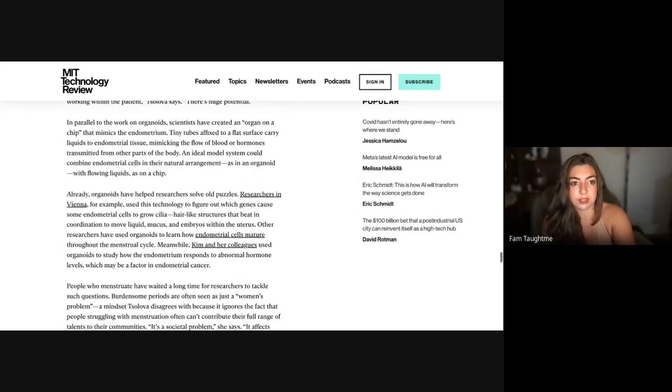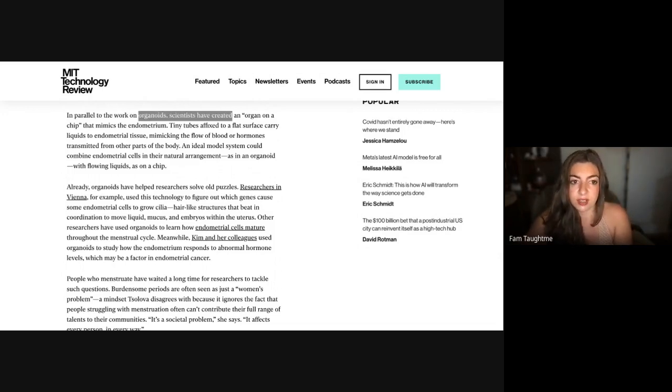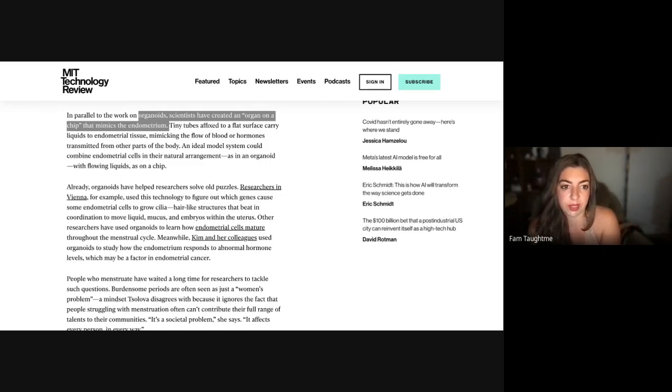So I also wanted to show you this part at the end. It says, in parallel to the work on organoids, which again are developed from living tissue, scientists have created an organ on a chip that mimics the endometrium. These are tiny tubes affixed to a flat surface that carry liquids to the endometrial tissue, mimicking the flow of blood or hormones transmitted from other parts of the body.